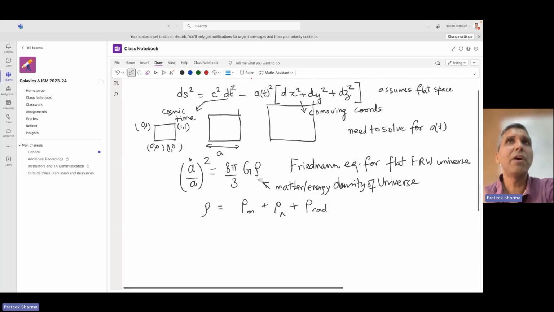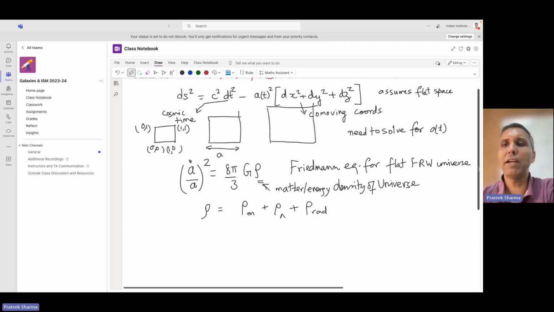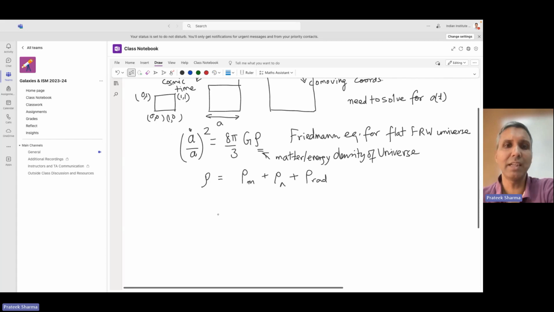Now, we already said that we are doing flat universes. What it means is that the density is equal to the critical density of the universe, and that's just 3H squared by 8 pi G, where H is the time-dependent Hubble parameter.